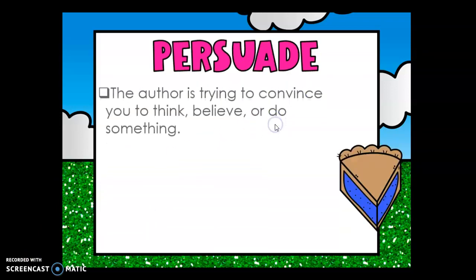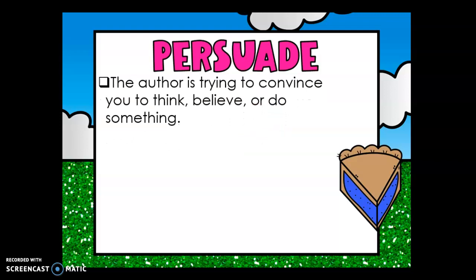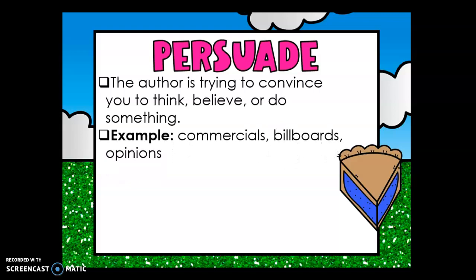Persuade. The author is trying to convince you to think, believe, or do something. Example, commercials, billboards, opinions, ads. We see a lot of ads, especially on the internet, in newspapers. They're trying to get you to buy things.